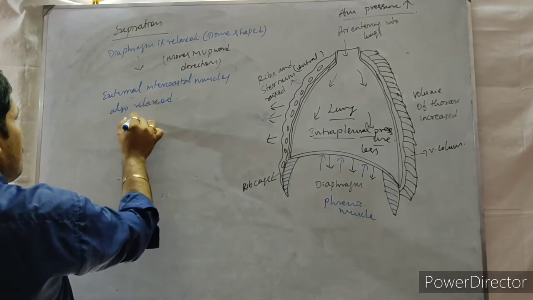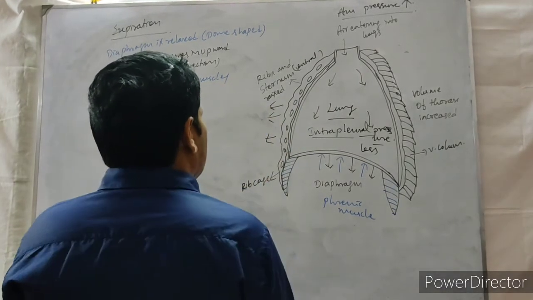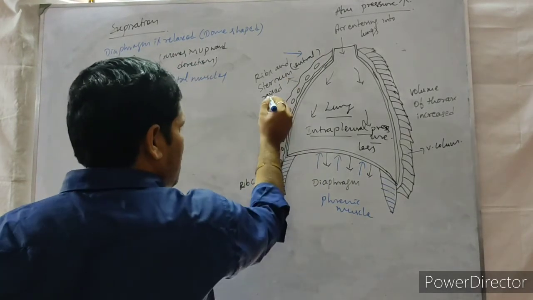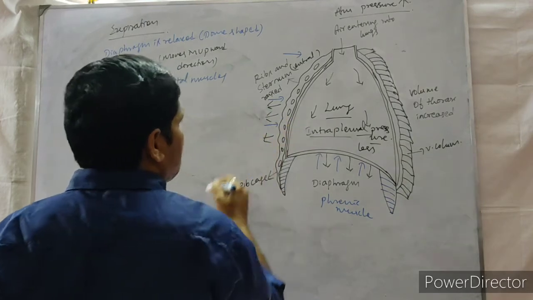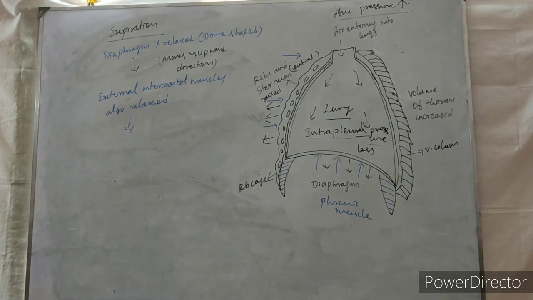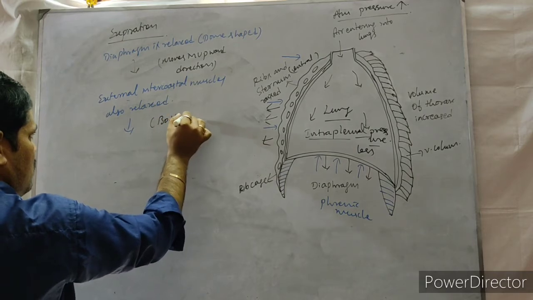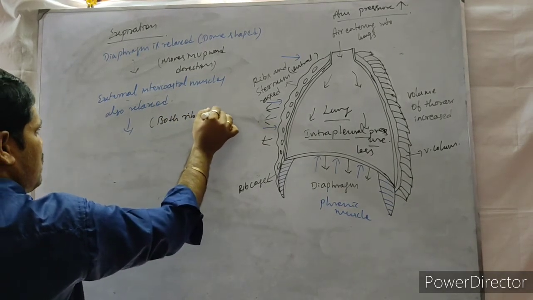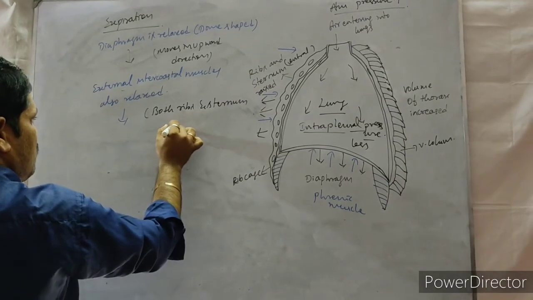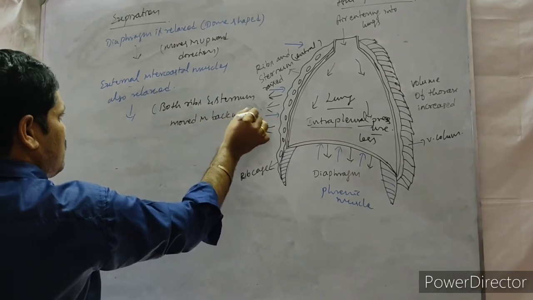Due to that relaxation, what happened? The ribs are moved in a backward direction and the sternum also moved in the backward direction. Both ribs and sternum moved in a backward direction.